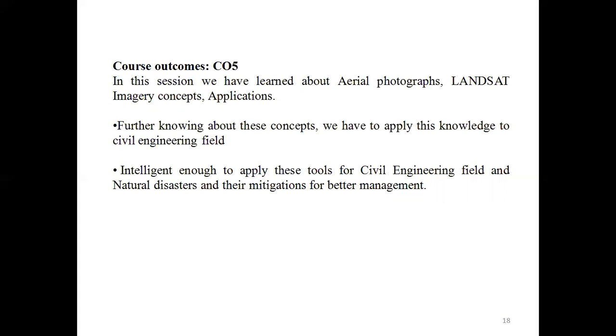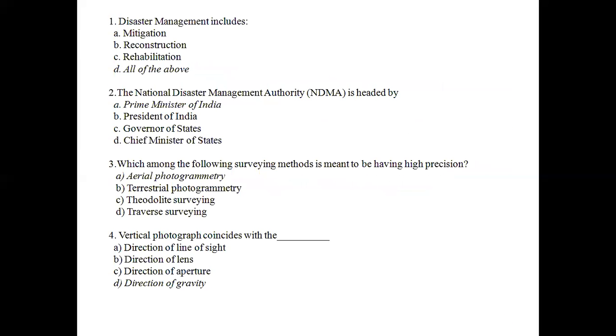Being a civil engineer, you must be well aware of all these natural disasters and their mitigations for better management. If you know the problem, then you are in a position to manage it well. If you don't know the problem, it's very difficult to manage. So please try to know the different natural disasters, the earthquake, the landslide, what are the different causes of that, and how best we can manage all these things as good civil engineers.